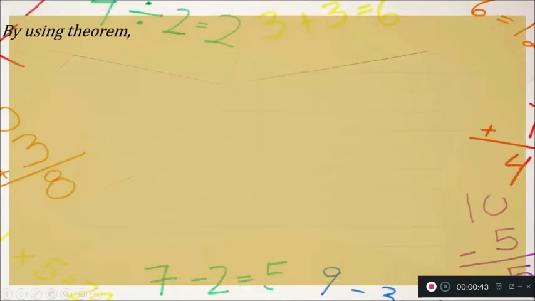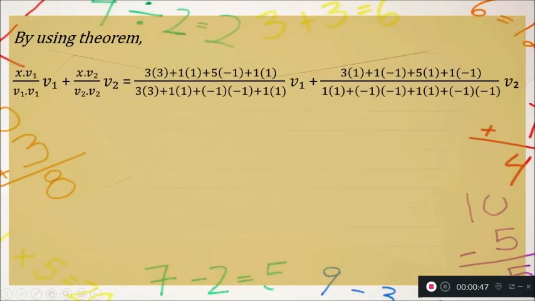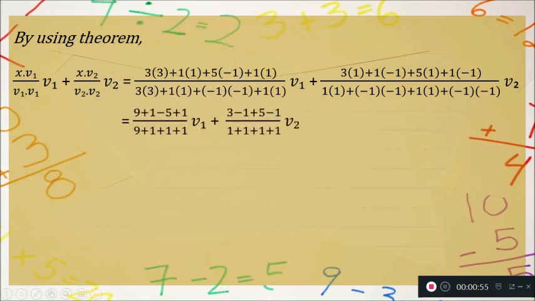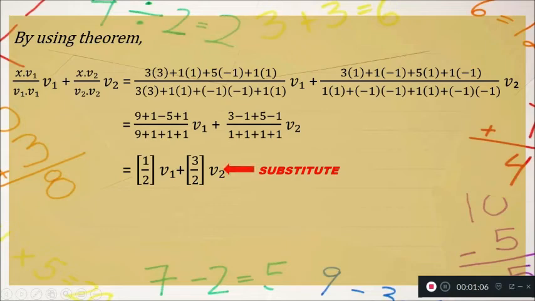Then, by using the theorem, you need to use this formula where you substitute the value for x, v1 and v2. And you will get the answer 1/2 v1 plus 3/2 v2. But you need to substitute the value for v1 and v2.